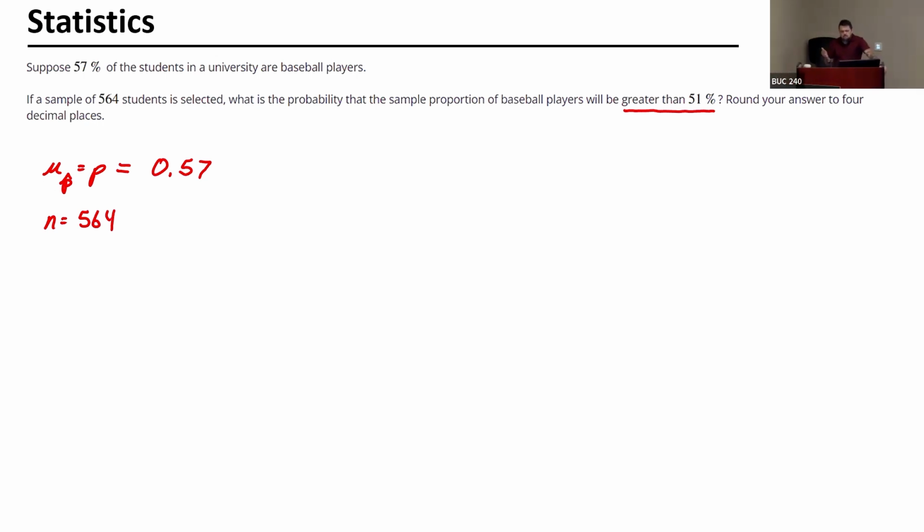And then you can go one of two directions. You can either say, hey, I'm going to sketch what I need to see, or realize I don't have a standard deviation. But they give me enough information to get a standard deviation, and I have a formula, okay? So we know the standard deviation of the p hat is going to be the big square root of p(1 minus p) all over n.